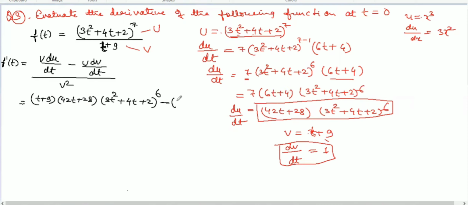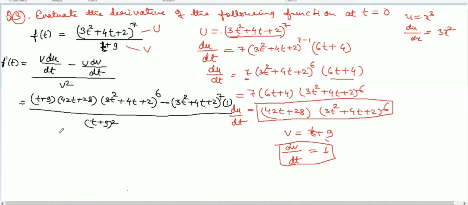So inside the bracket write down 3t square plus 4t plus 2 to the power 7, and then dv over dt. dv over dt is multiplied by 1, and all over v square. So v is t plus 9 whole square. So we sub in everything here.